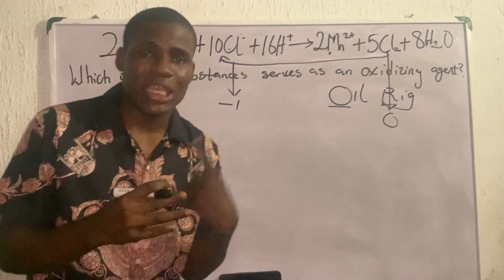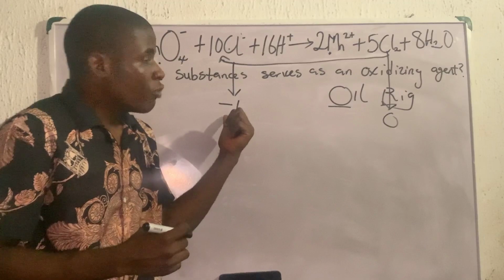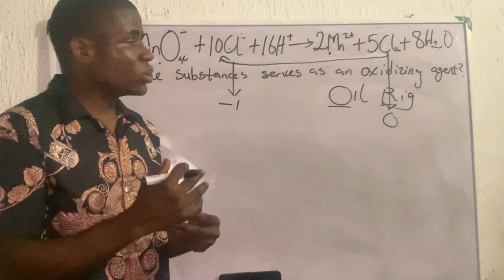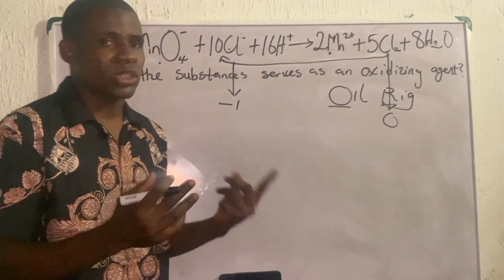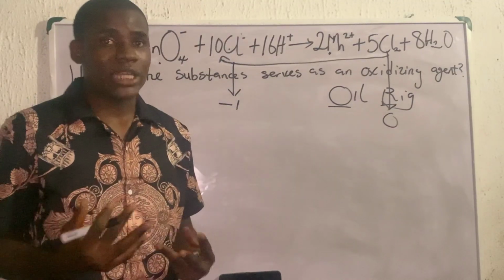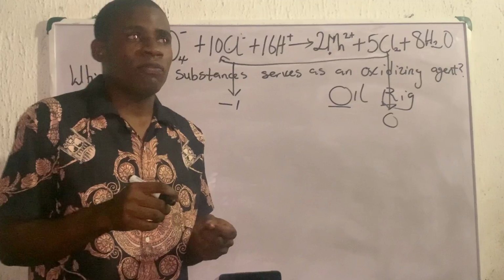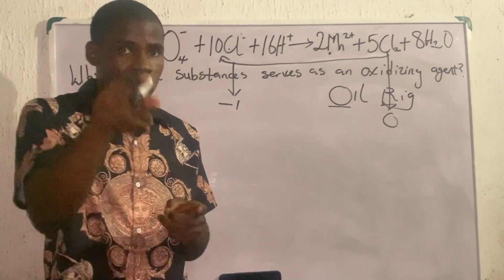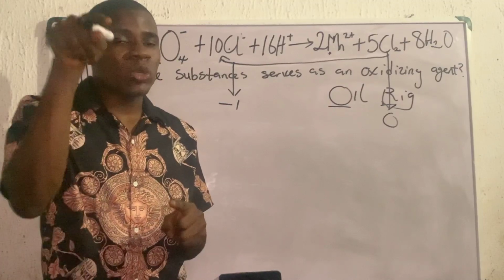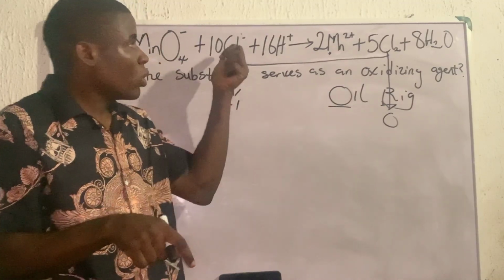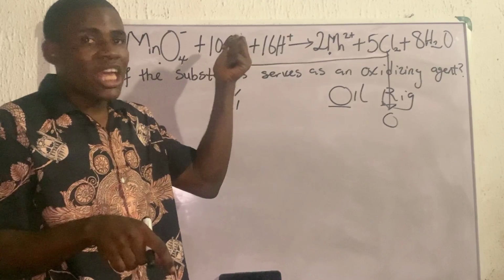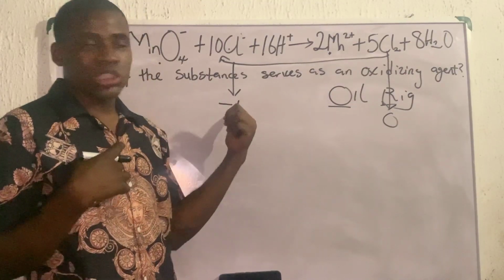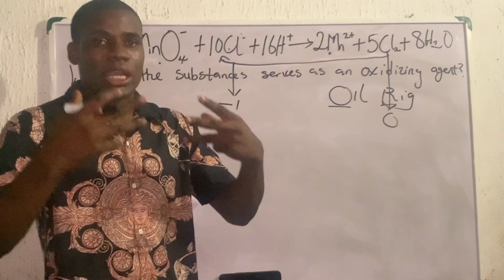Did the oxidation number increase or decrease? From -1 to 0, it increased. Since it increased, oxidation occurred, right? Which one undergoes oxidation, the reducing agent or the oxidizing agent? It is the reducing agent. So chloride ion is the reducing agent. Therefore, it is not our answer because its oxidation number increased from -1 to 0.